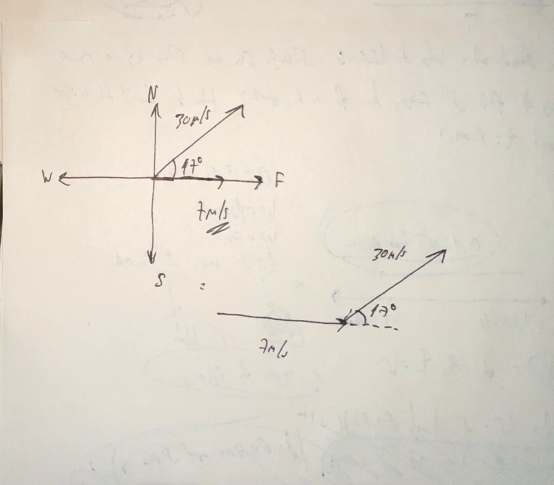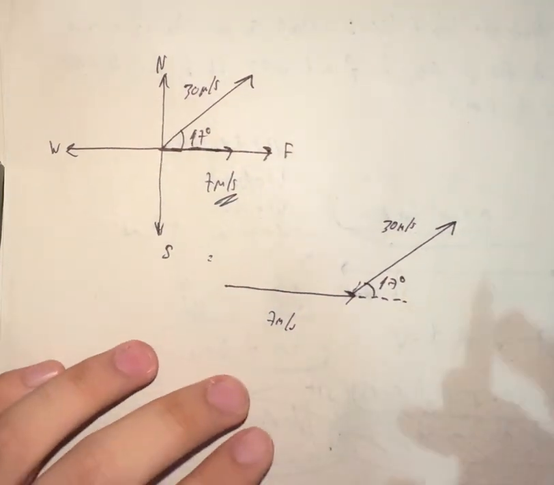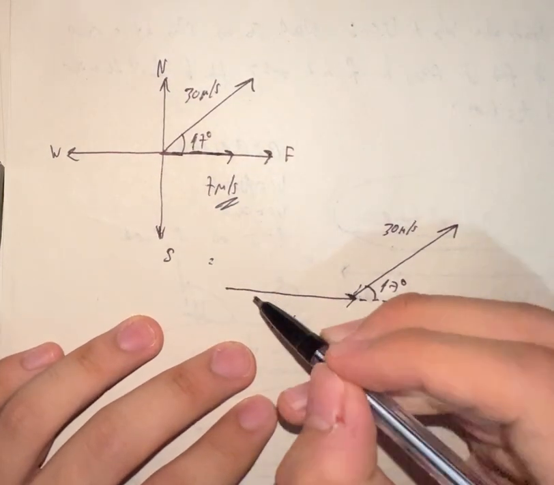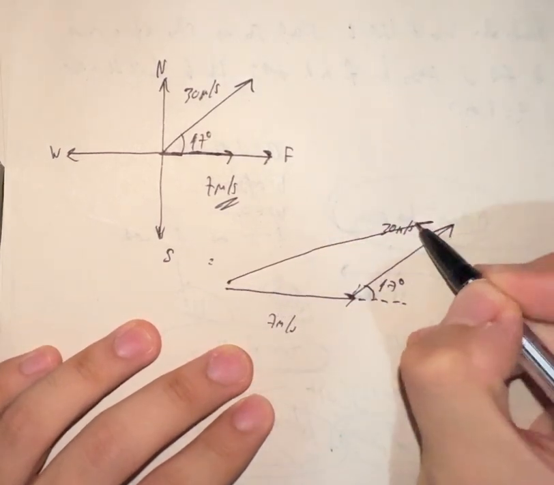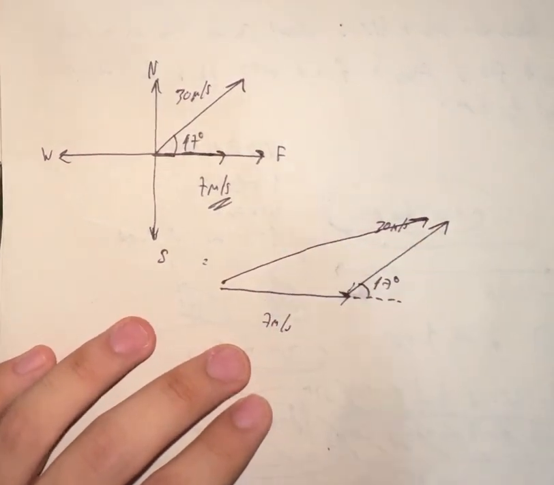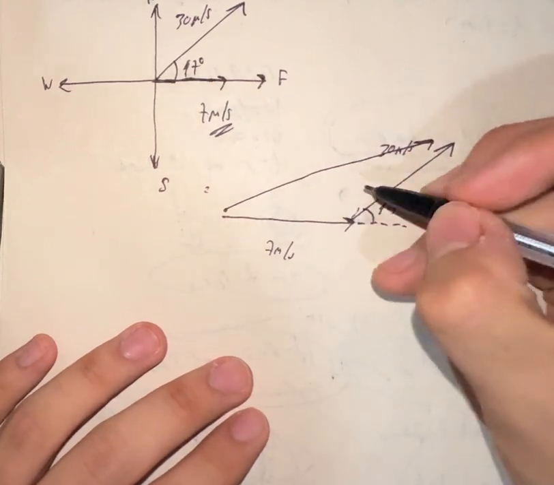Now that's our vector right there. Now here's a trick I want to show you guys. We can apply the tip to tail method here, and this is our resultant vector now.